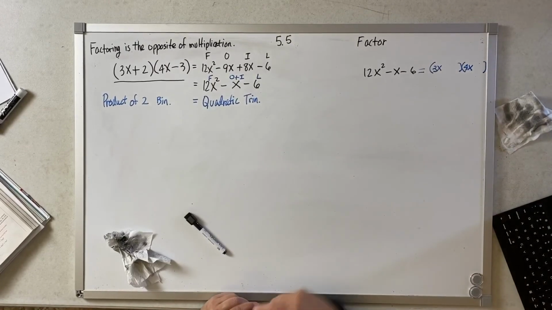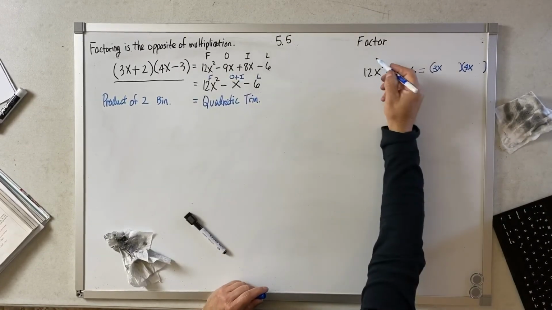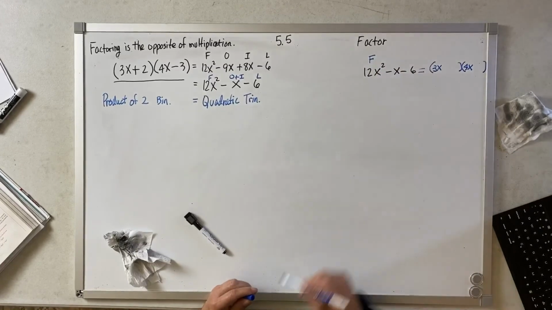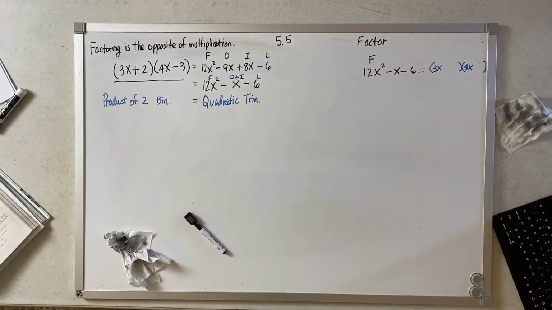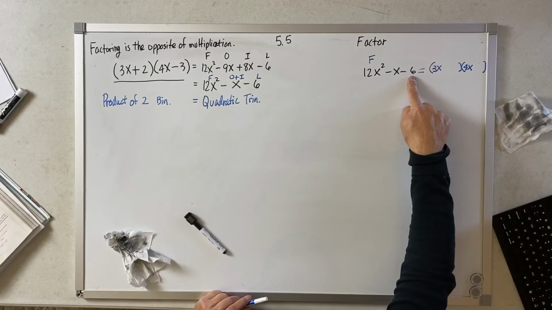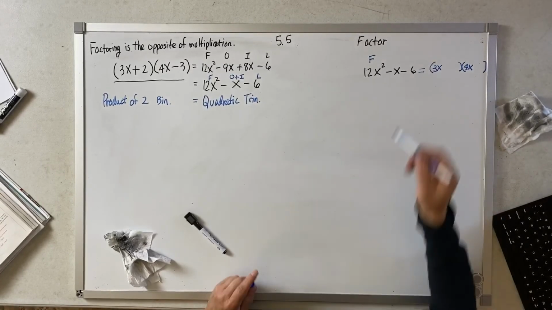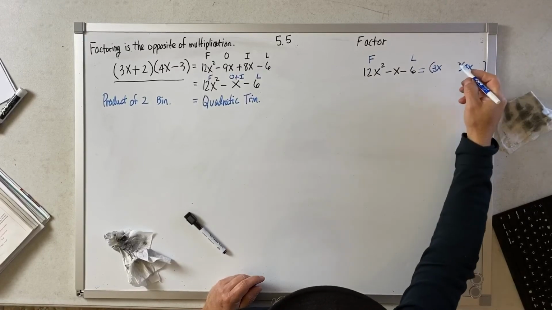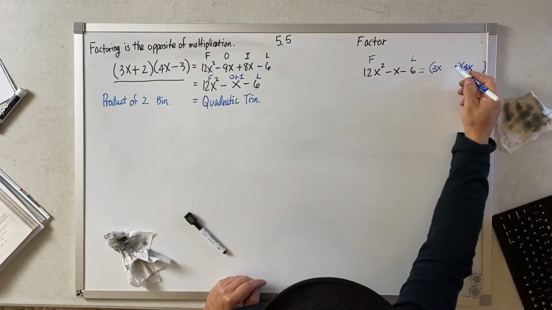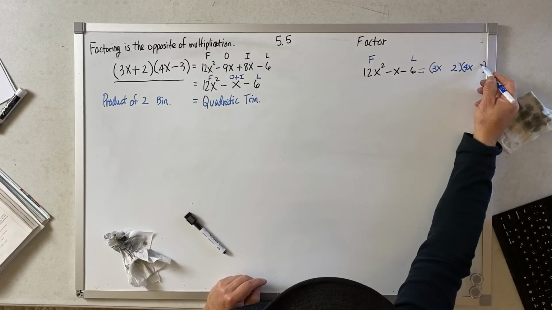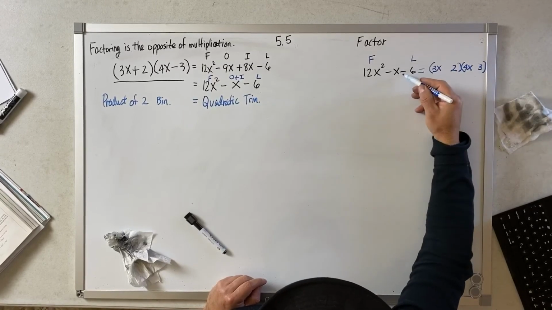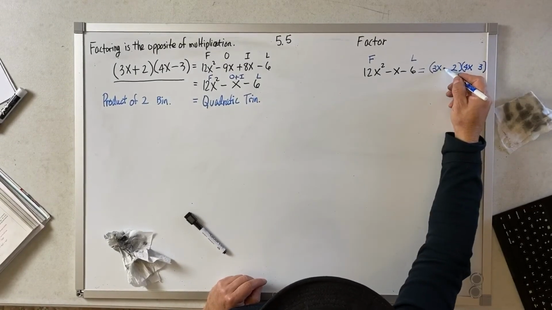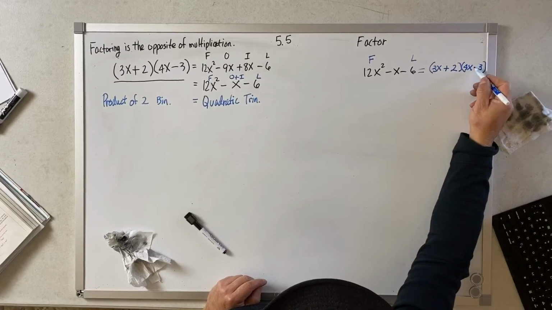That's first. And I get 12x squared. How do I get 6 for last? I'm going to say 2 times 3. And because it's negative, I'm going to make this a plus 2 and a minus 3.